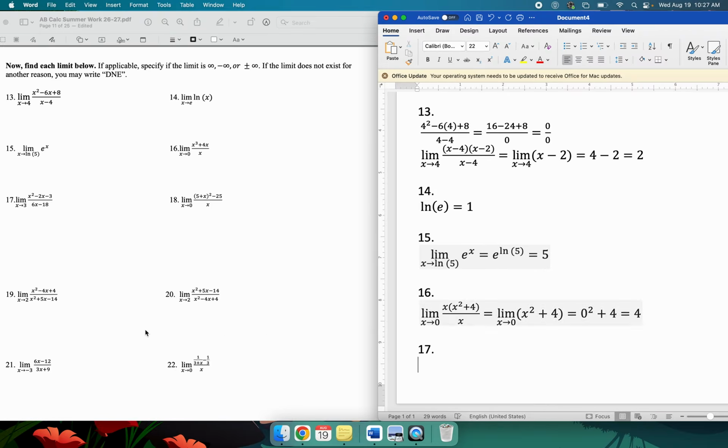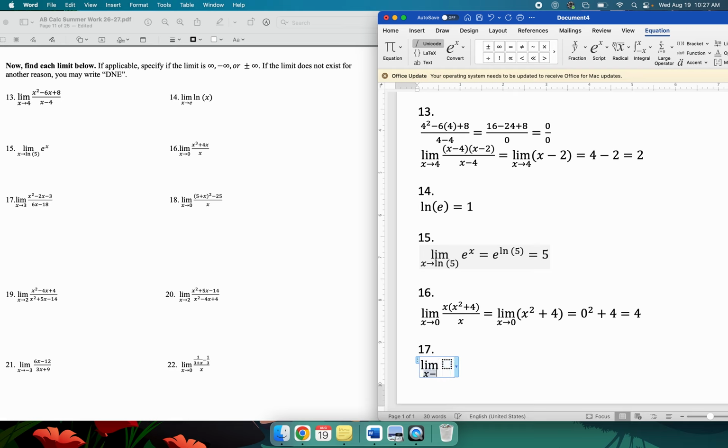17. If I plug 3 into this, do I get 0 over 0? I definitely get 0 on the bottom. Do I get 0 in the top? 3 squared minus 6... I do. So I get 0 over 0, which means that I need to simplify. So I'm going to simplify by factoring. I'm going to factor the top and the bottom. The top factors as x minus 3 times x plus 1.